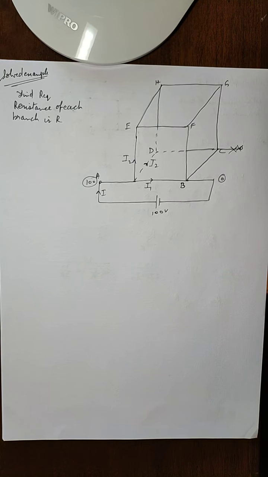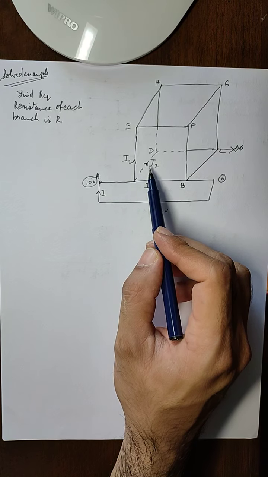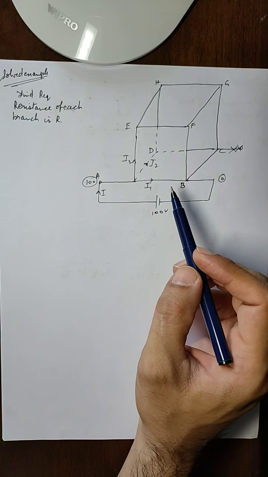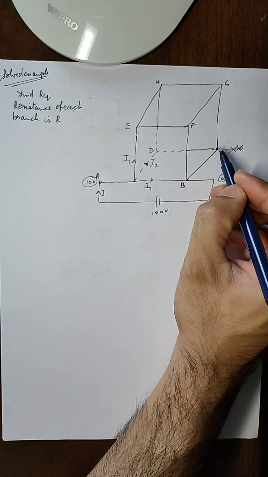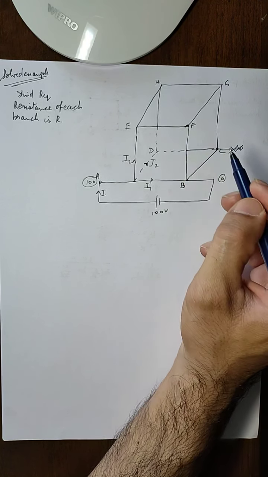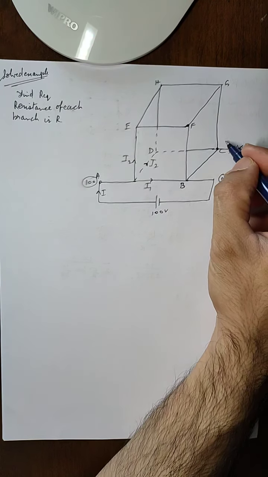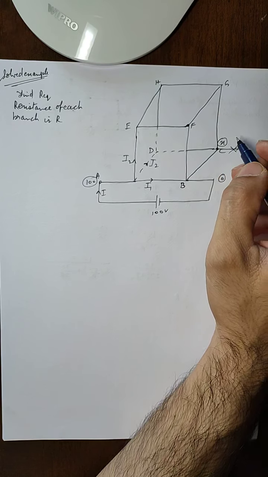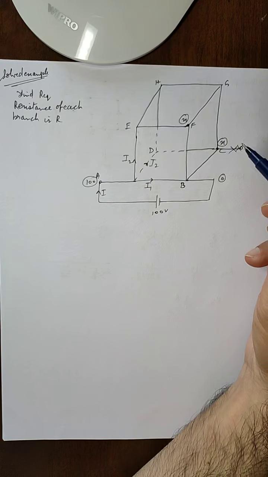Now other two branches are identical with respect to B, so let us say the current in these two branches is I2. Now the potential at the points C and F should be equal. So if we say that C has X potential, then F should also have X potential. Now why do I say that?